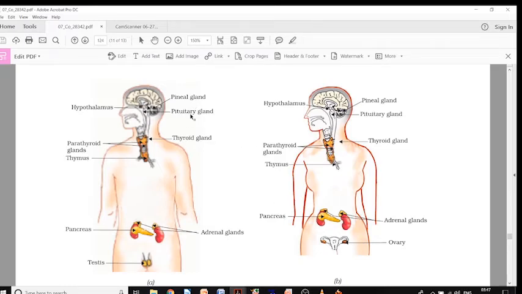So let's begin with the pituitary gland. Where is the pituitary gland present? It is present in the brain. And the hormone secreted by the pituitary gland is the growth hormone.